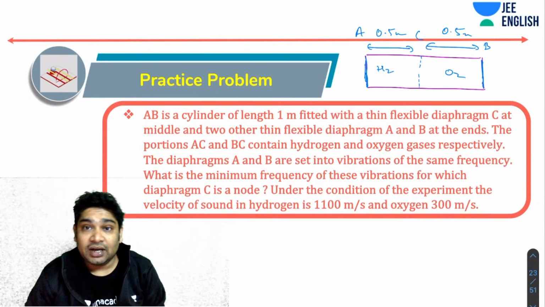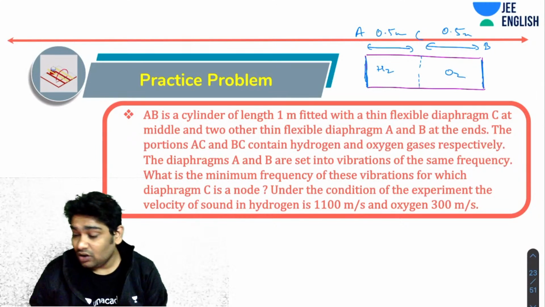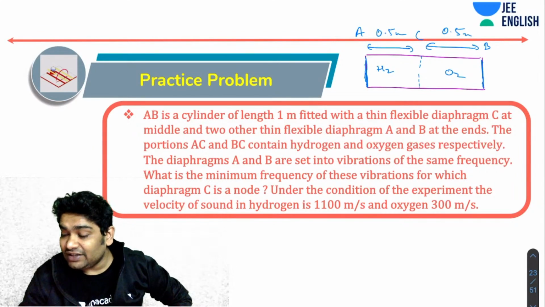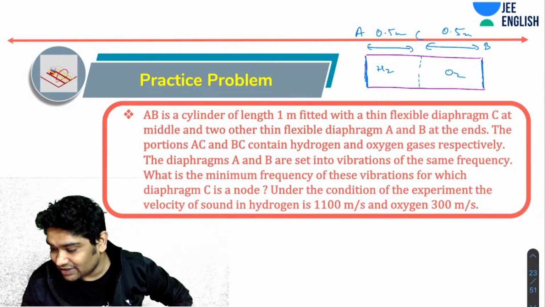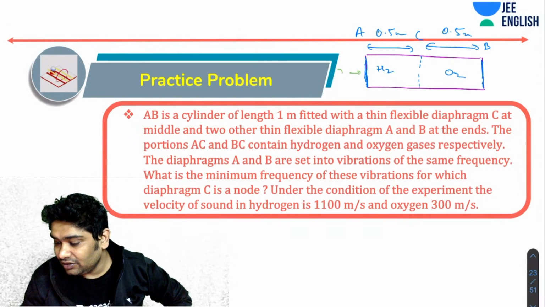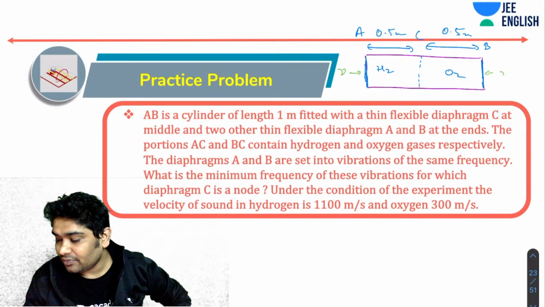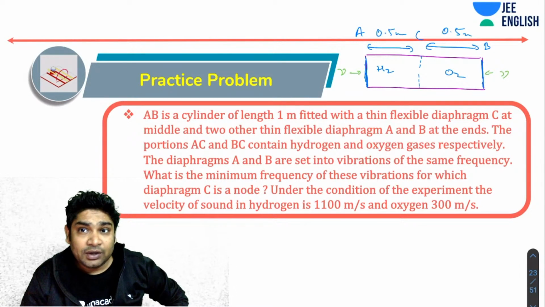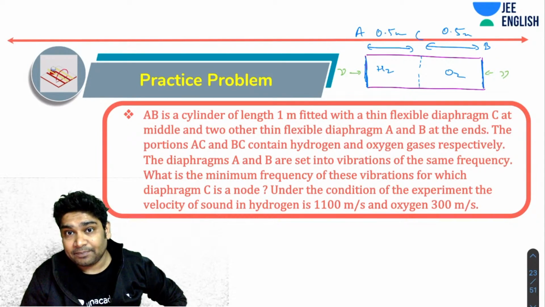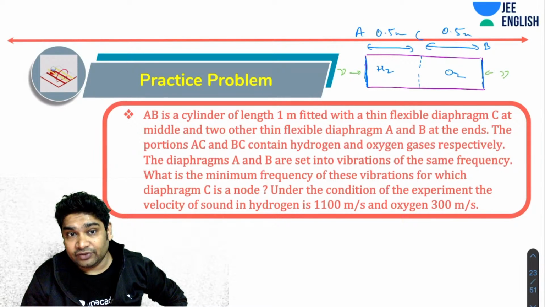Now you've been asked for what minimum frequency. These are vibrated with the same frequencies, so you are forcing vibrations of the same frequency here, nu and nu. So obviously there will be standing waves forming in both the columns. For what minimum value of nu will there be a node at C? That is what has been asked of you. So that is the question.